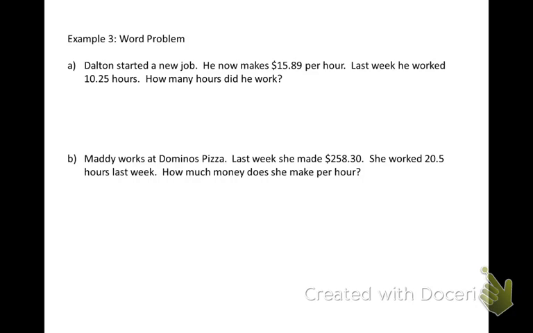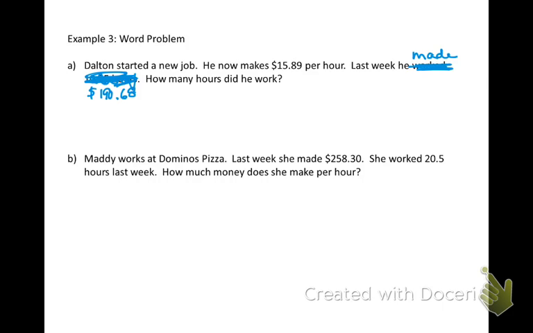All right. Example 3. Dalton starts a new job. He now makes $15.89 per hour. Last week he worked 10.25 hours. How many hours did he work? I think I'm forgetting something on this one. Okay, I changed it a little bit.